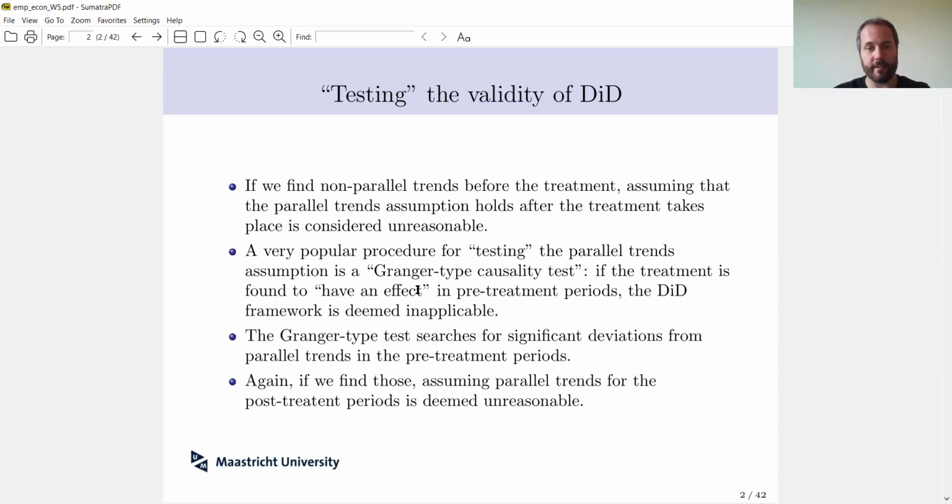Really, what that means is that the treatment group behaves differently before the treatment than the control group. So if we see a significant difference in behavior before the treatment takes place, then we say the parallel trends assumption is probably not plausible.